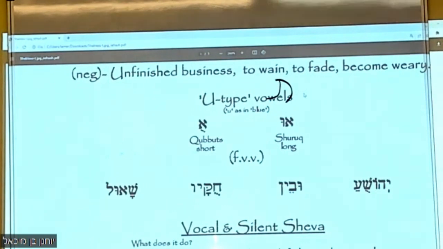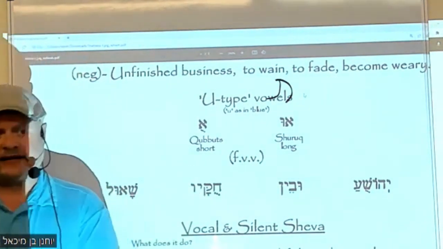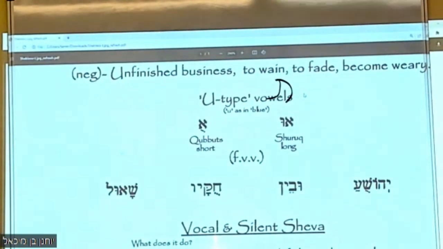It is a statute or an ordinance. A lot of times it's translated as ordinance, okay? So this of at the end, what does that tell us? That is a diphthong, and it tells us something very special. What is it? The of sound at the end.